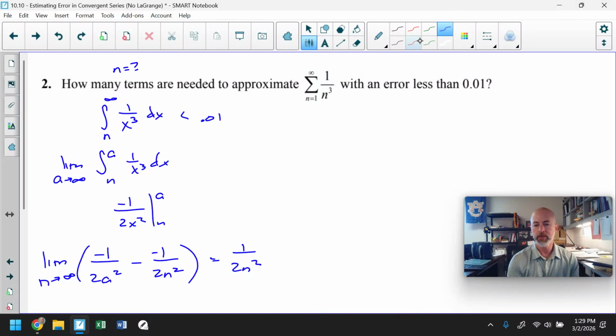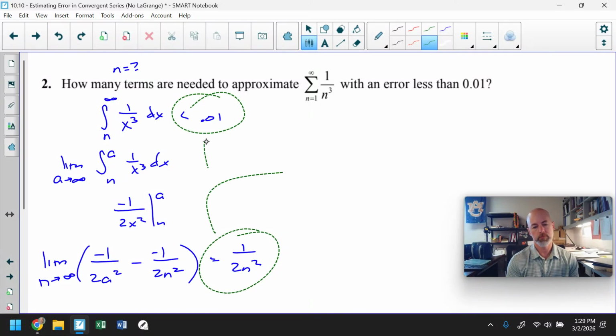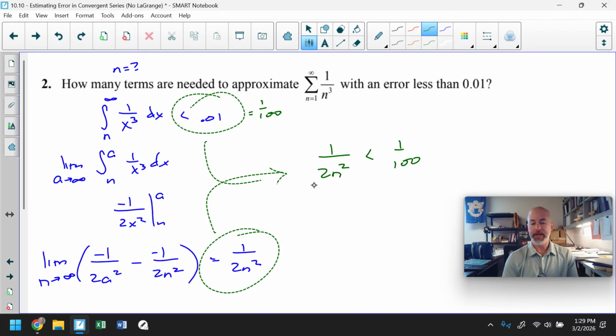So I'm going to take both of these, and I'm now going to consider the inequality. I need 1 over 2n squared to be less than 0.01, which is 1/100th. Good. Which is going to happen, let's see, I need a larger denominator, right? So that's going to happen when 2n squared is greater than 100.